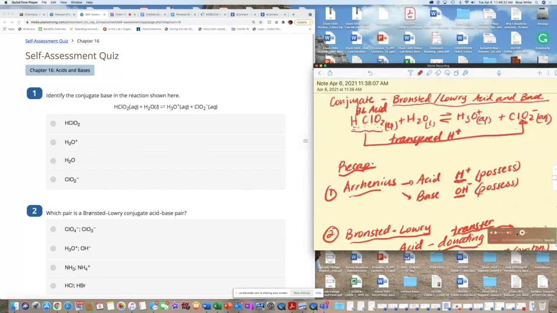So let's see over here. By default, since this left formula is the Bronsted-Lowry acid, the right formula has to be a Bronsted-Lowry base, right? So how do I know it's a base? Look at what happens to it when we track the changes, right? It goes from H2O to H3O plus. It just gained or accepted the H plus.